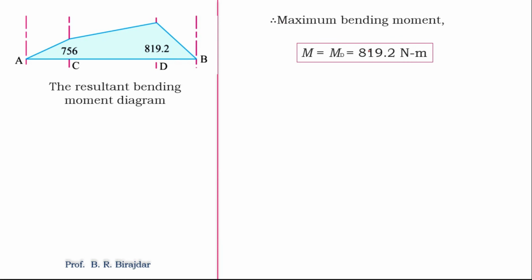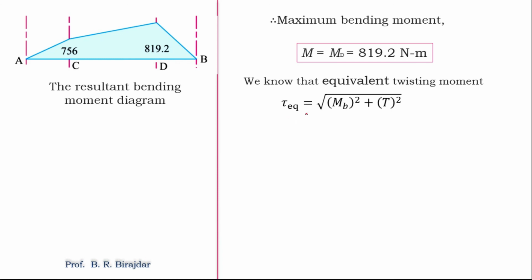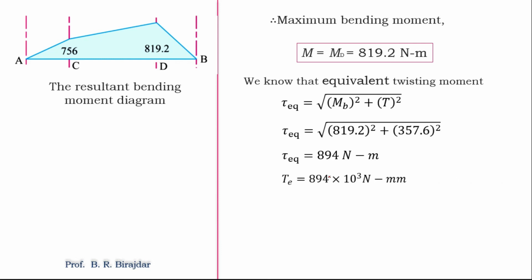Now the maximum bending moment is 819.2 Newton meter. We know that the equivalent twisting moment T equivalent is equal to the square root of bending moment squared plus torque squared, and we already calculated the maximum moment 819.2 and the torque 357.6. So we get the equivalent torque for this loading, that is 894 Newton meter.